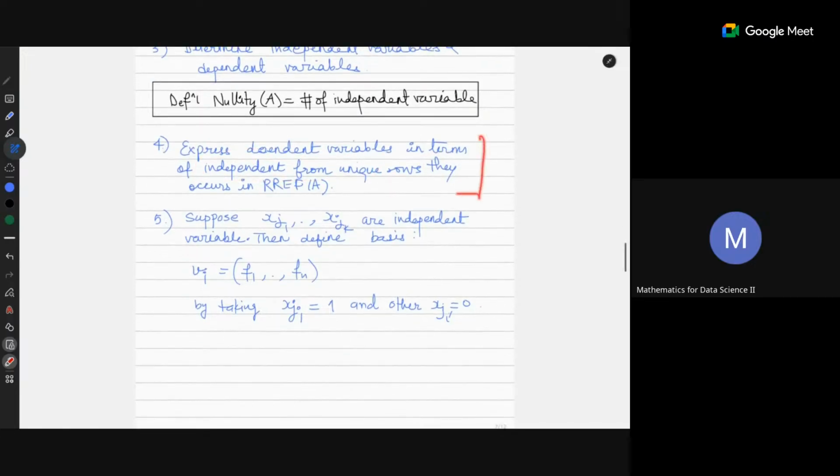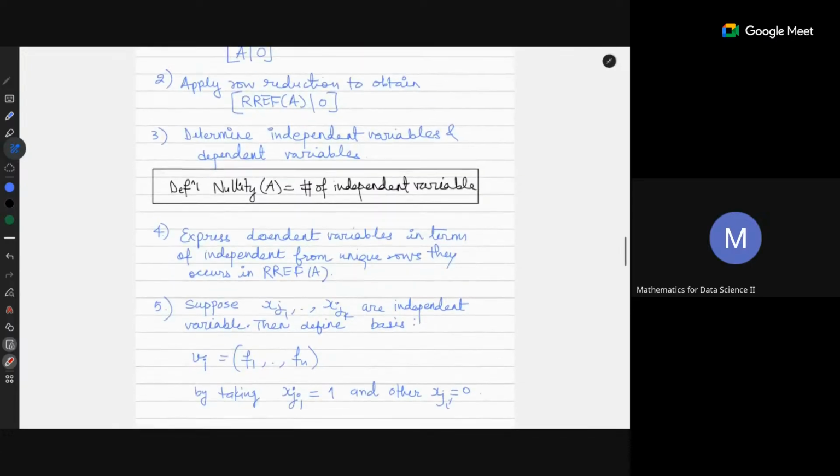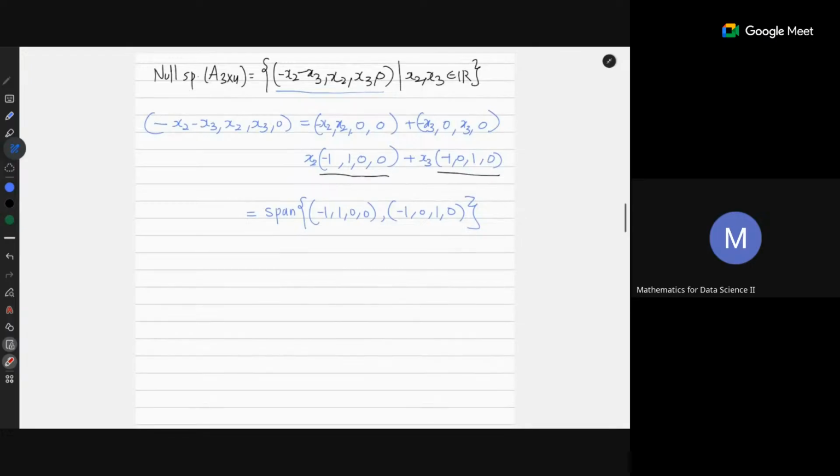Once you do that, we are left with the last step, which says: suppose xj1 up to xjk are the independent variables. Then you can define the basis like this: Vi equal to f1 up to fn, by taking xji equal to 1 and the others to be 0. So you take them one by one. What do I mean by that? This is one method that I just explained to you. This is method 1 to find the basis.